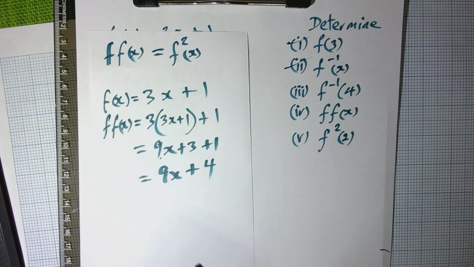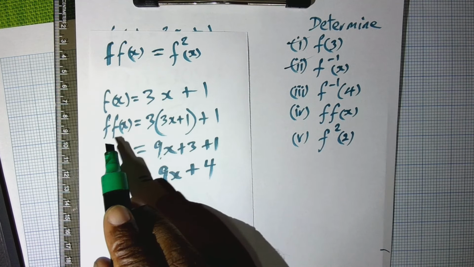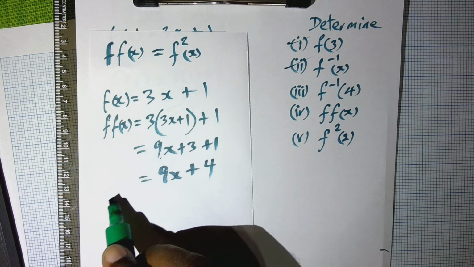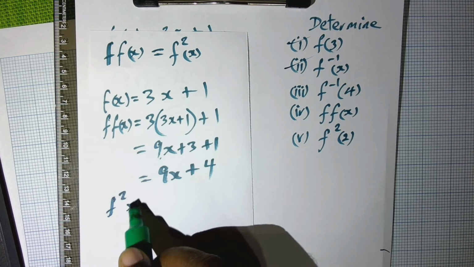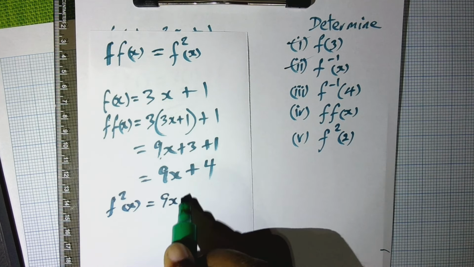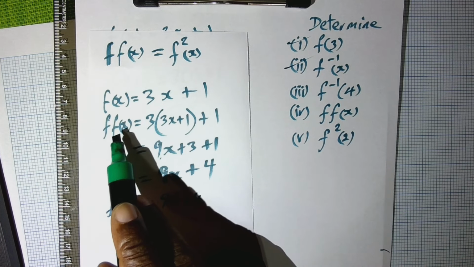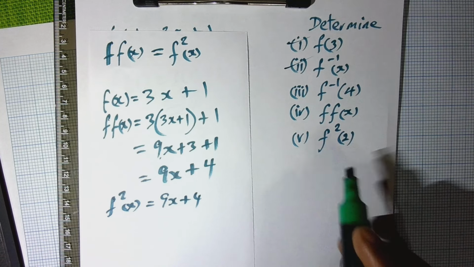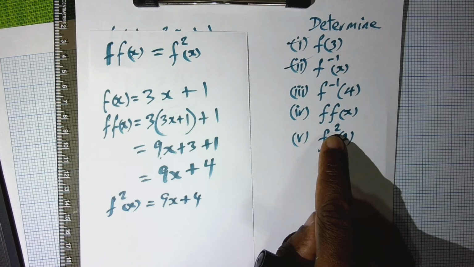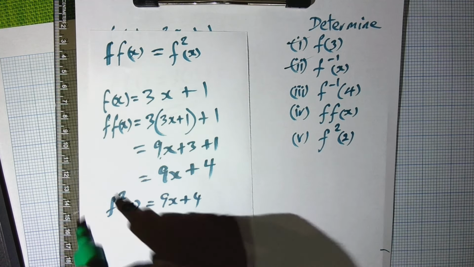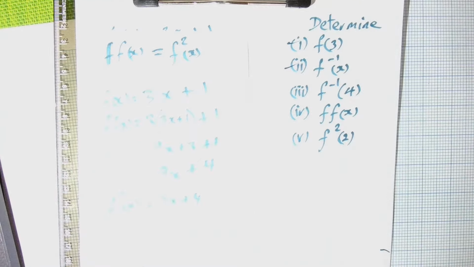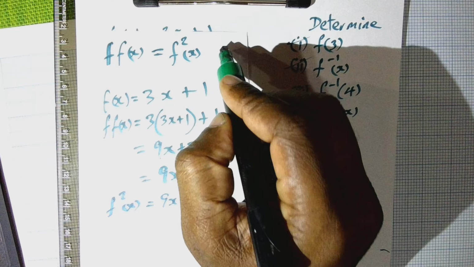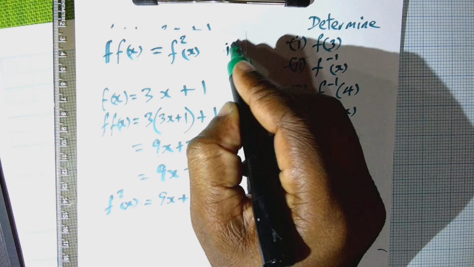Okay, so we know that f of f of x is 9x plus 4, which we're really in fact saying that f squared of x is 9x plus 4. Remember, they're the same thing, right? This is the same thing as this. Now this allows us to evaluate f squared of 2. What I did earlier up here is actually part 4, right? This is part 4.